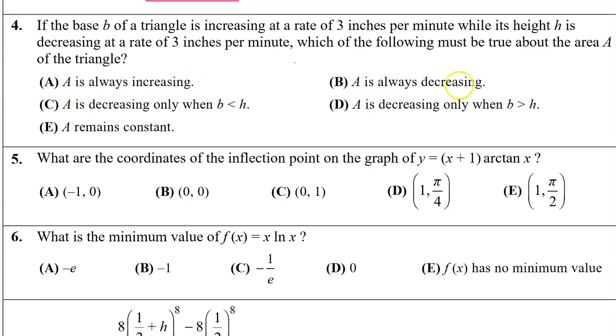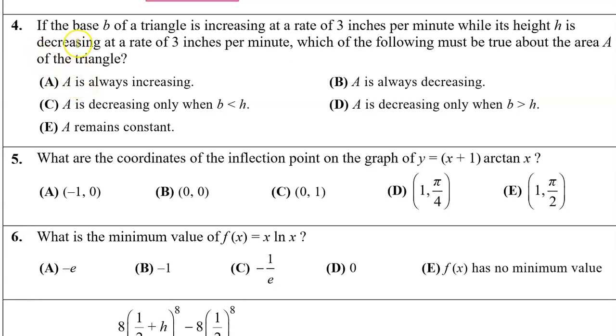Choice B, A is always decreasing. Choice C, A is decreasing only when b is less than h, and so on. I wanted to read a few of those because it's clear to me that it's all about the rate of change of A. So let's see what we can figure out about the rate of change of A.